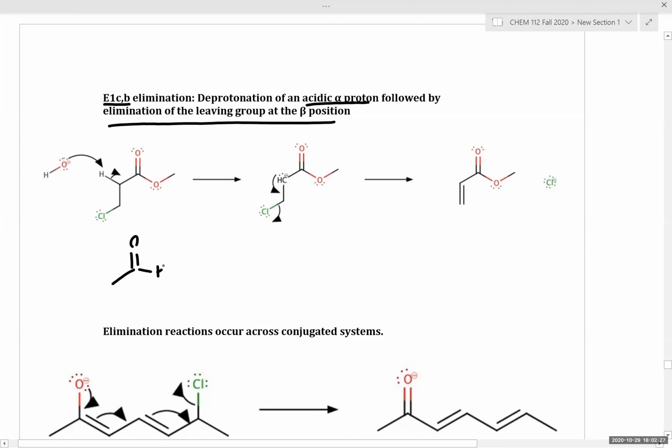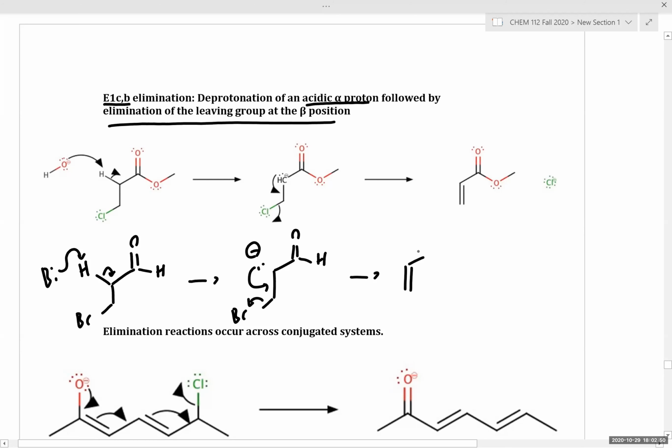So another example of this would be if you have this beta halogen and you have an acidic proton, your base would remove the proton. Once you have your anion, you then eliminate your halogen to form your desired pi bond.